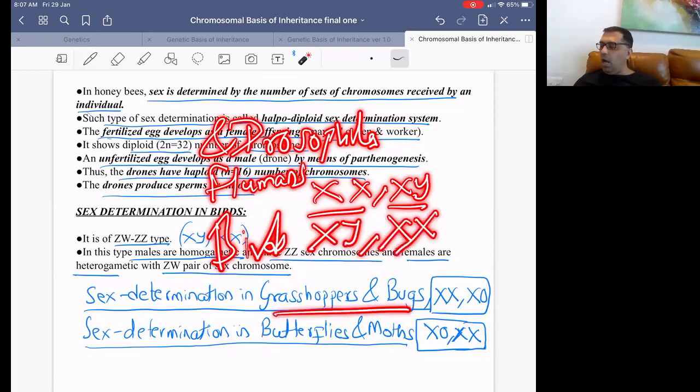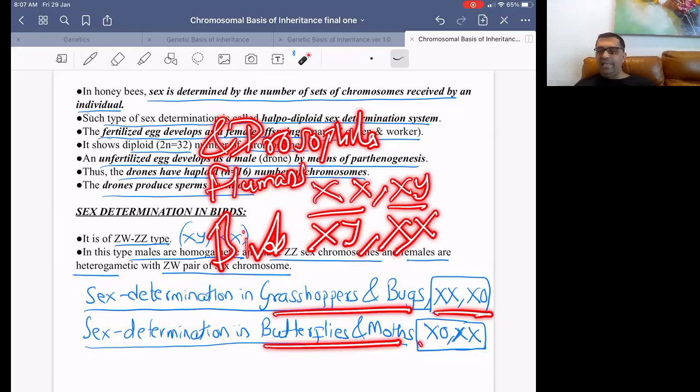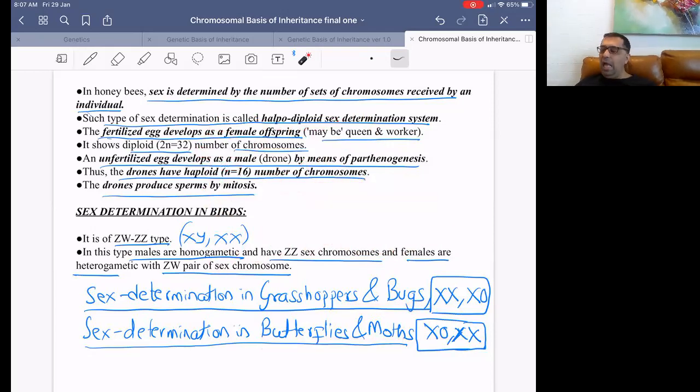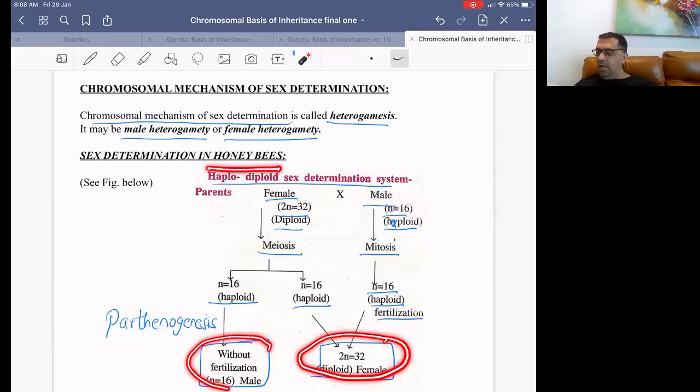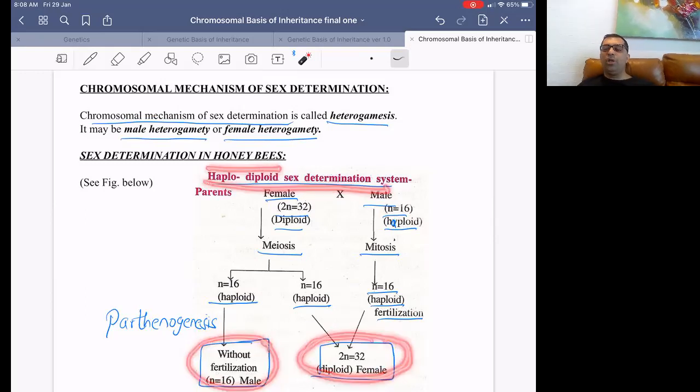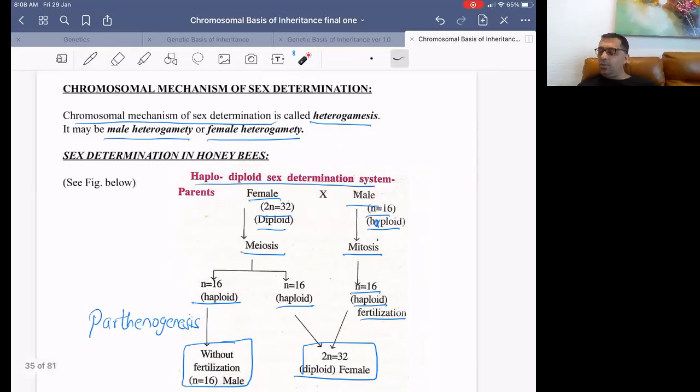Grasshoppers and bugs are XX and XO. And butterflies and moths are XO and XX. So these are the four types of sex determination. And honeybees, males are haploid and females are diploid. That is called the haplodiploid type of sex determination found in honeybees.